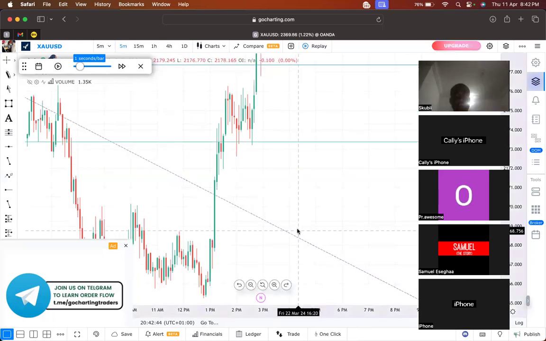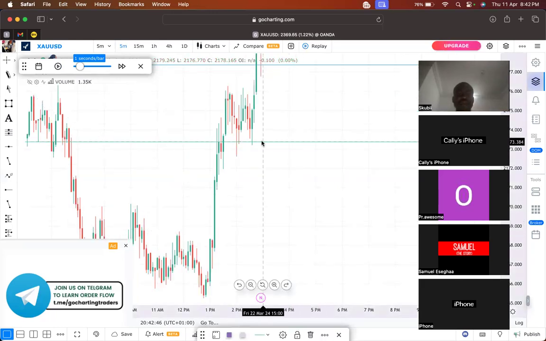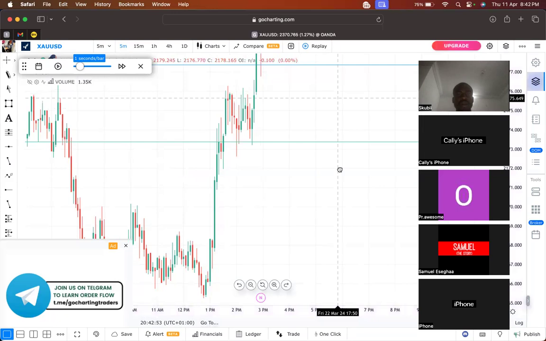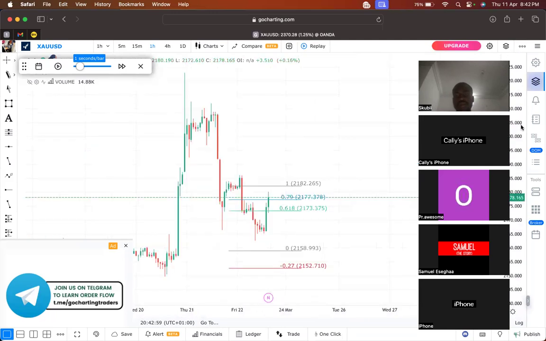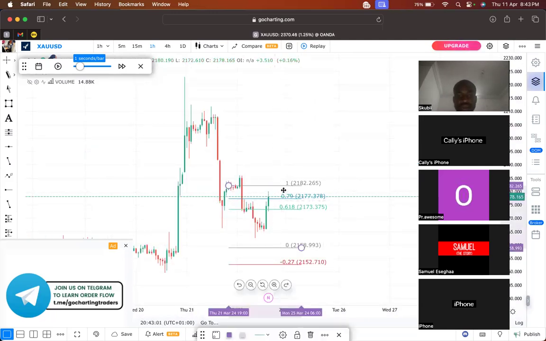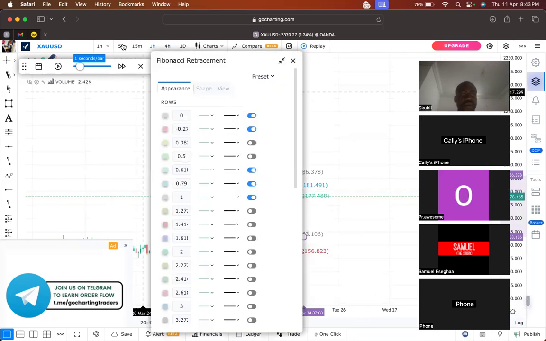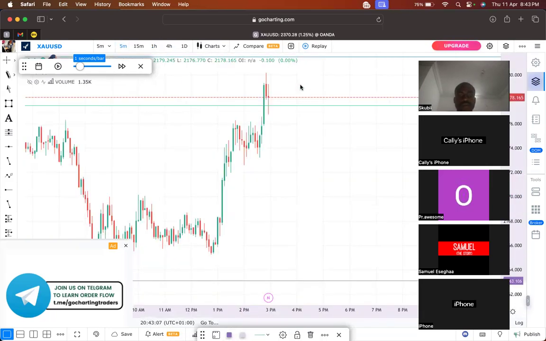There was basically an uptrend on that 5 minutes time frame. Let me play it and see if I actually got a shift in market structure.